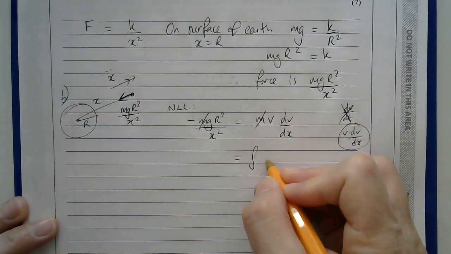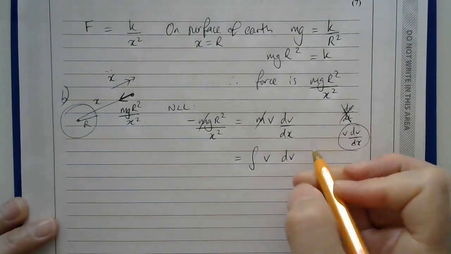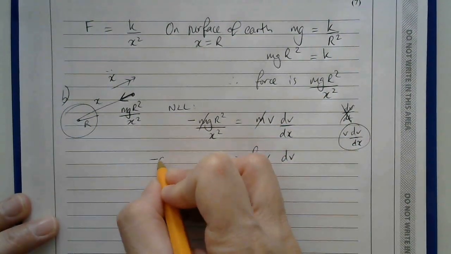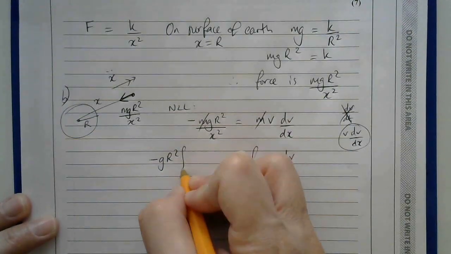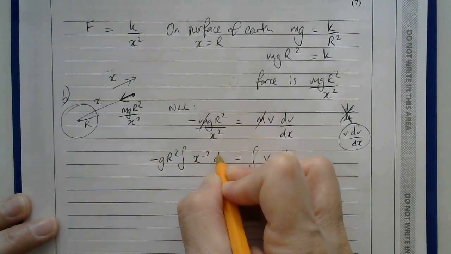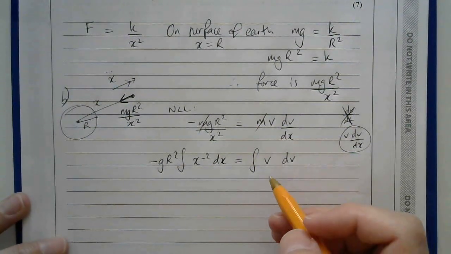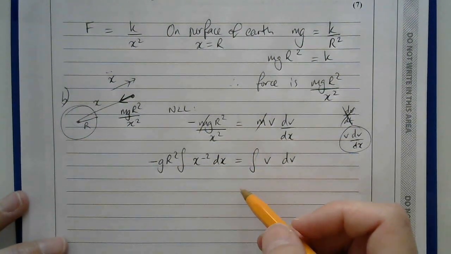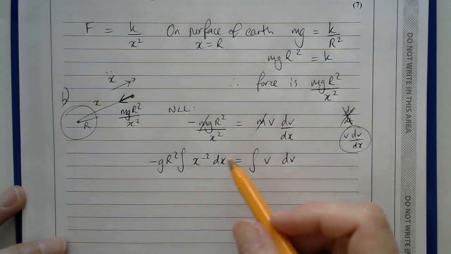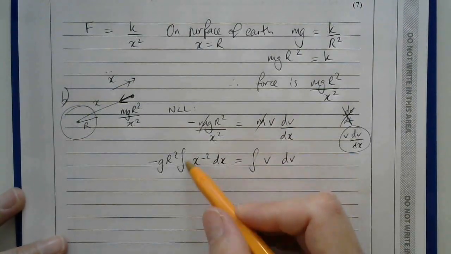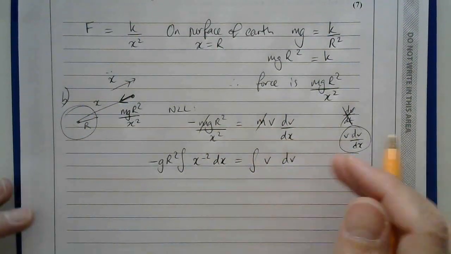On the right hand side I have the integral of v with respect to v. On the left hand side I will have negative gr squared times the integral of x to the negative 2 dx. I can do an indefinite integral, or because I know my initial conditions, I can put in some values to make this a definite integral.